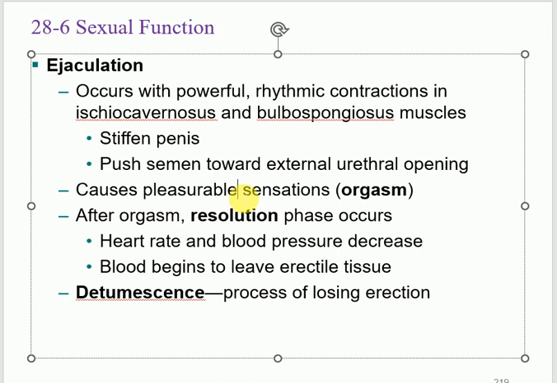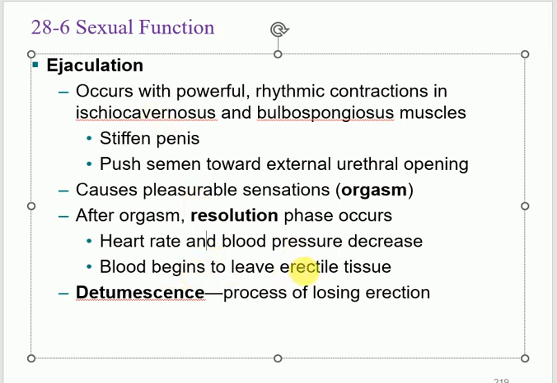After ejaculation, everything will go back. It's over. So we call it the resolution phase. The heart rate that was increasing during sympathetic activity, during emission and ejaculation, both of them, now that ejaculation is done, so in resolution the heart rate and the blood pressure drop, and blood leaves the erectile tissue.